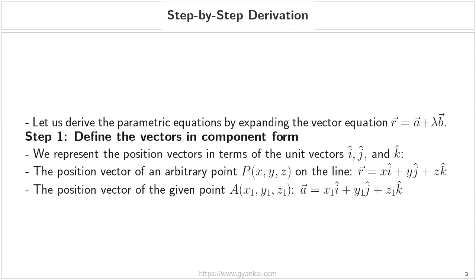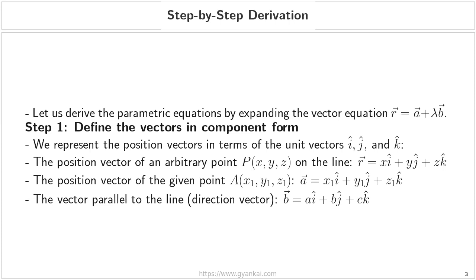So, the position vector a equals x sub 1 i hat plus y sub 1 j hat plus z sub 1 k hat. Finally, we define our direction vector, b, which is parallel to the line. We represent its components as a, b, and c, giving us b equals a i hat plus b j hat plus c k hat. By breaking the vectors down this way, we'll be able to perform the substitution and grouping that we'll see in the next slide.